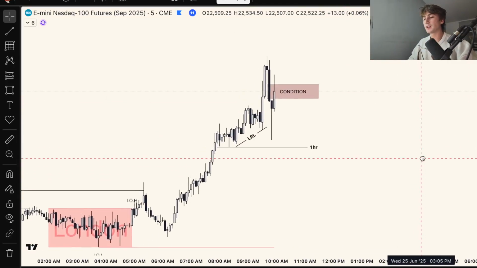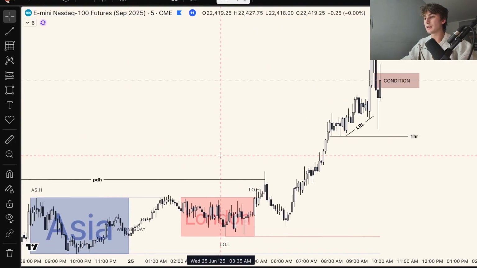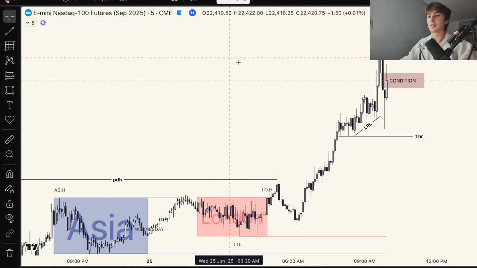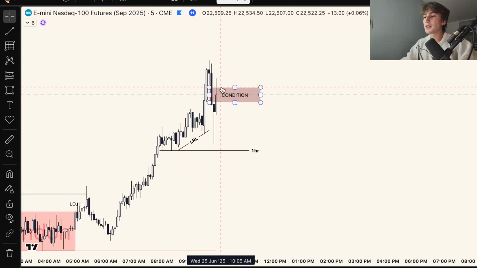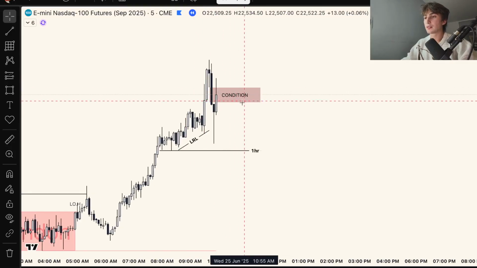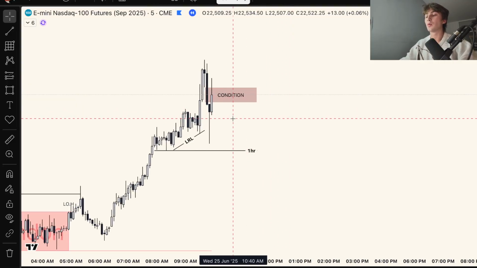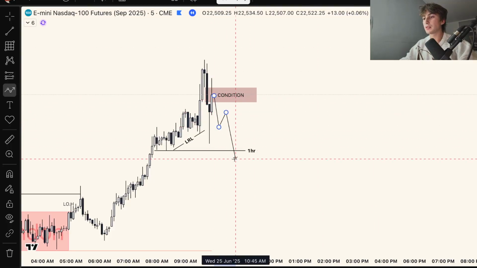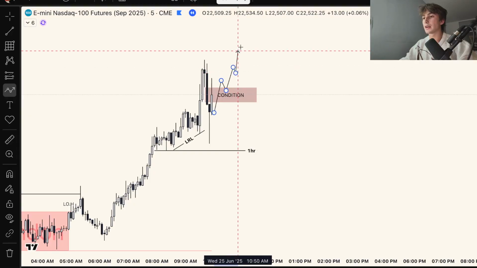Because finally, after being bullish for so long and taking out significant levels like previous day high and London high, and we're also inside a bearish daily Fair Value Gap right now, we finally open up a bearish 5-minute Fair Value Gap. So that will be our condition on whether or not price wants to continue lower and hit this hourly, or whether or not we want to disrespect this and continue higher.